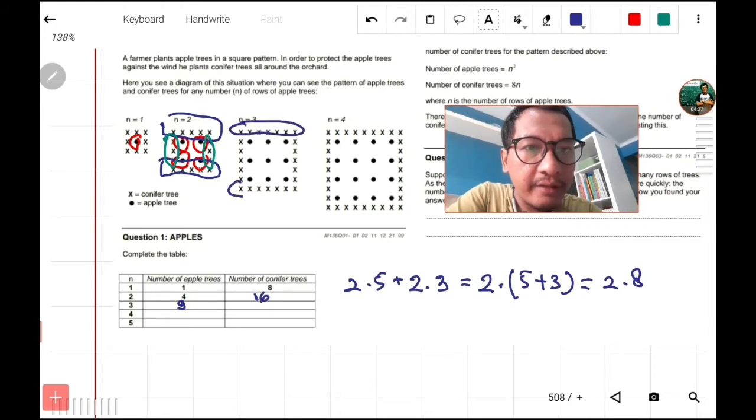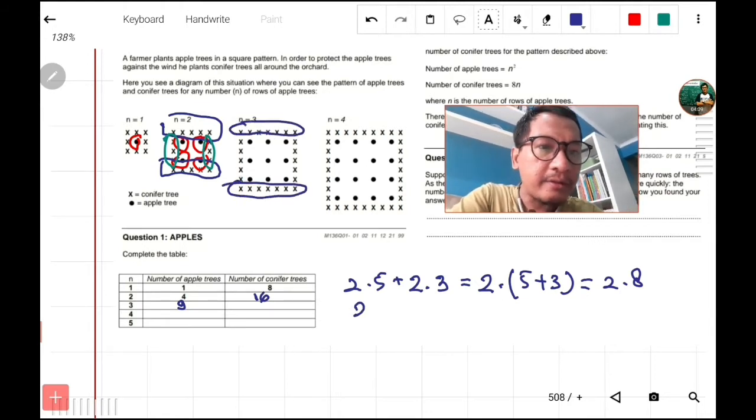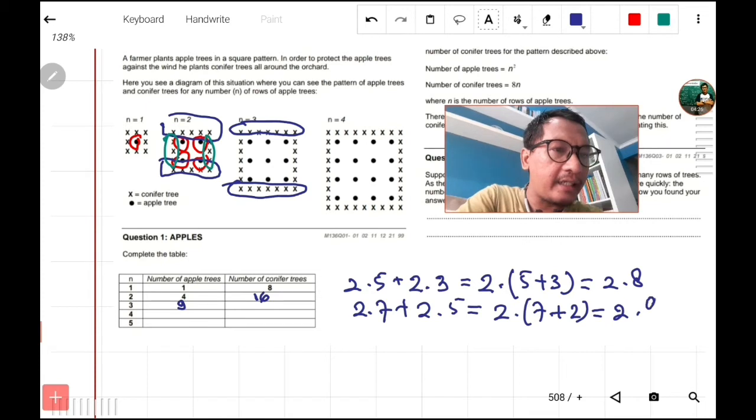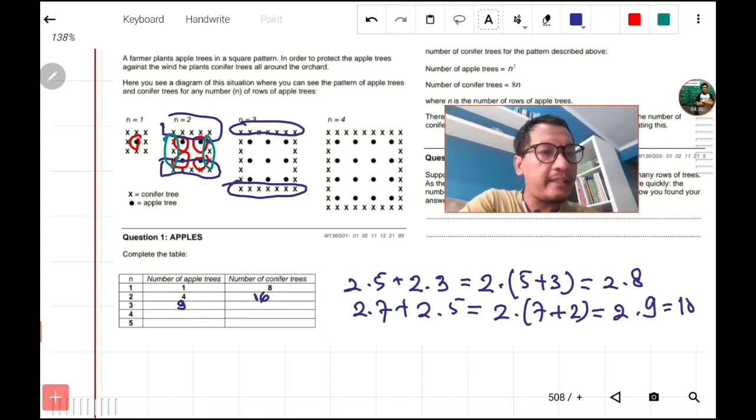That's 7, so 2 times 7, plus 2 times 1, 2, 3, 4, 5. It's 2 times 7 plus 2, which is 2 times 9, or 18.